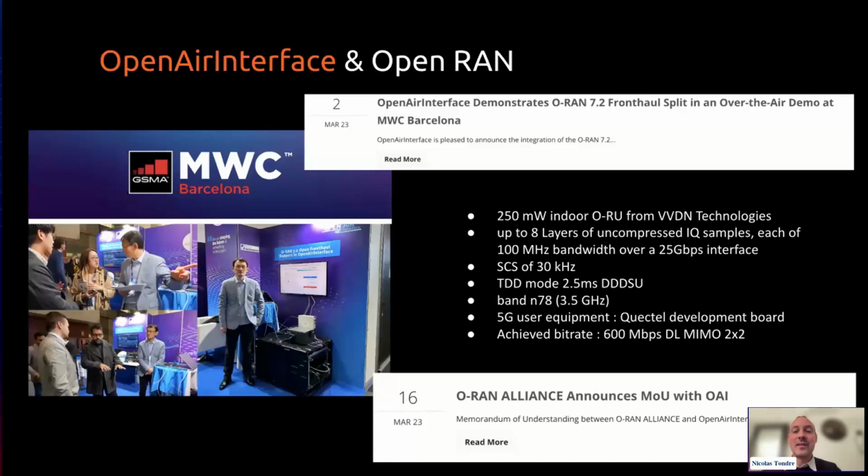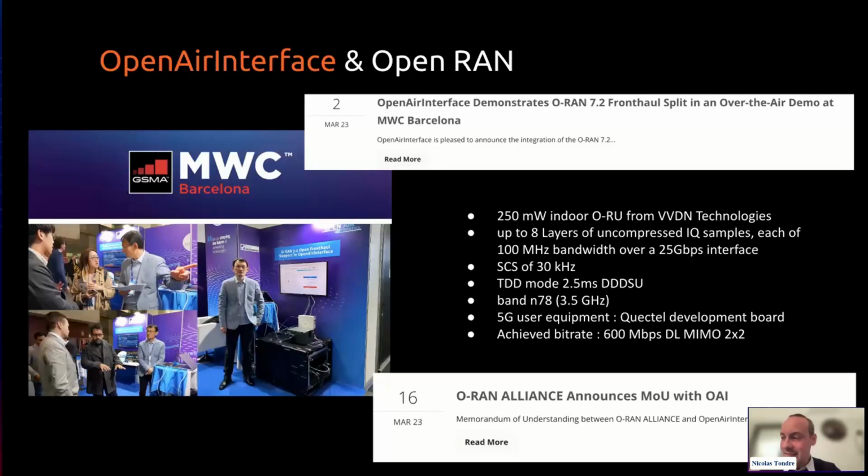They were using a 250 milliwatt indoor ORU, that means Open RAN radio unit, from an Indian company called VVDN Technologies. They were able to send up to 8 layers of uncompressed IQ samples. So those are the samples that you send to the radio, ready to be transmitted as radio signals. Each of them using 100 megahertz bandwidth over a 25 gigabit per second interface.